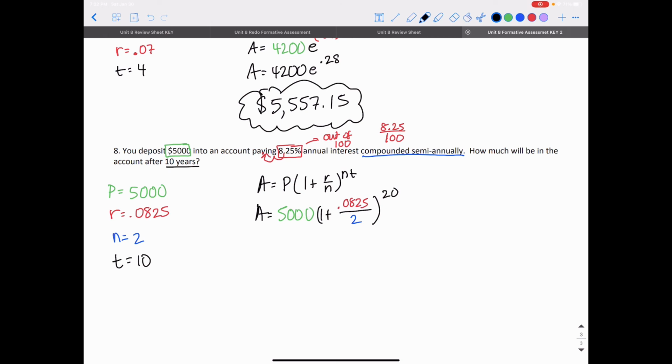I do 0.0825 in my calculator, divide by 2, and add 1 to that number. I take that number and raise it to the 20th power, then multiply by 5,000. Hopefully you have a calculator that can hold answers for you. And I have $11,222 exactly when I round to the nearest hundredths place.